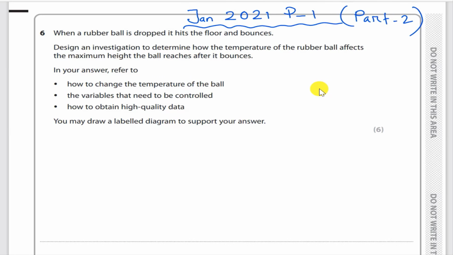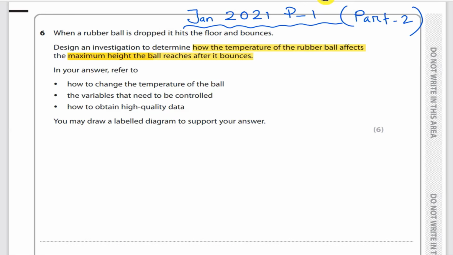When a rubber ball is dropped, it hits the floor and bounces. Design an investigation to determine how the temperature of the rubber ball affects the maximum height the ball reaches after it bounces.